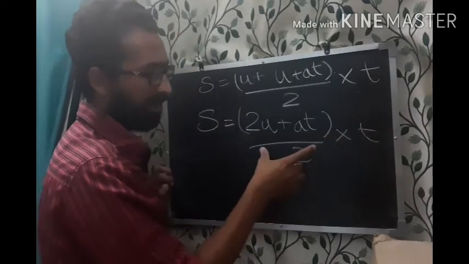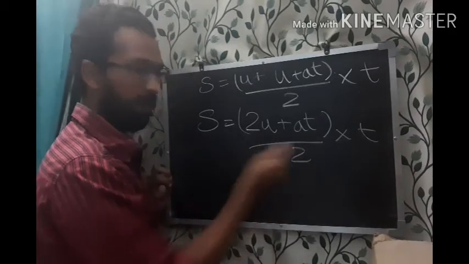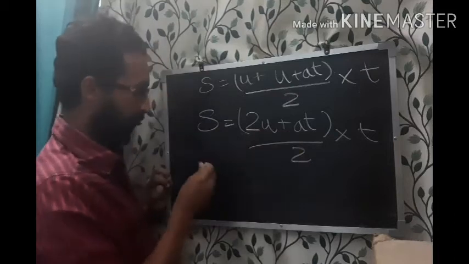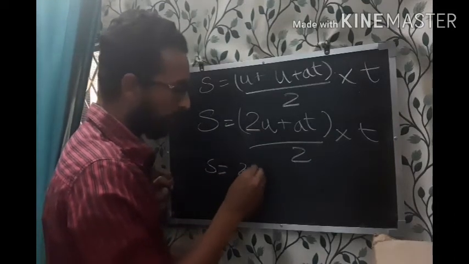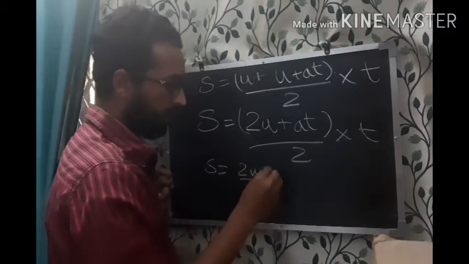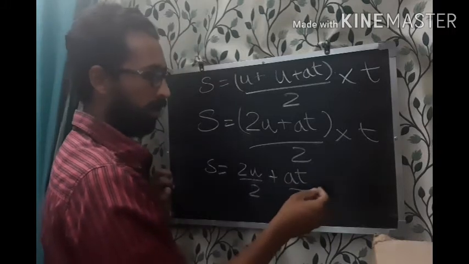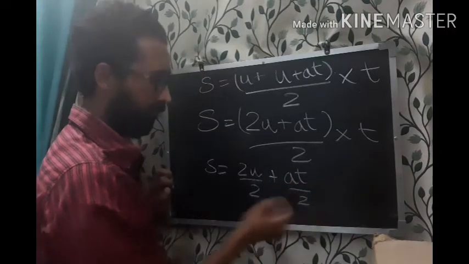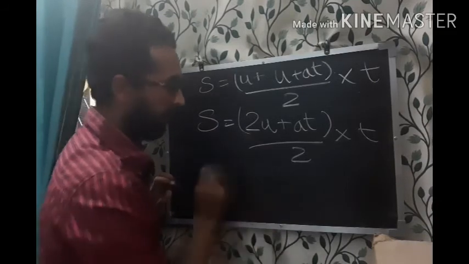And since this is for the whole equation, this 2 is for the whole equation, we can write it separately for both of them. So that will be equal to S is equals to 2u upon 2 plus at upon 2 into t. Sorry, I made a mistake.